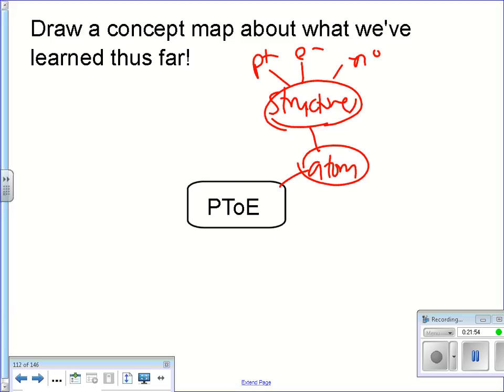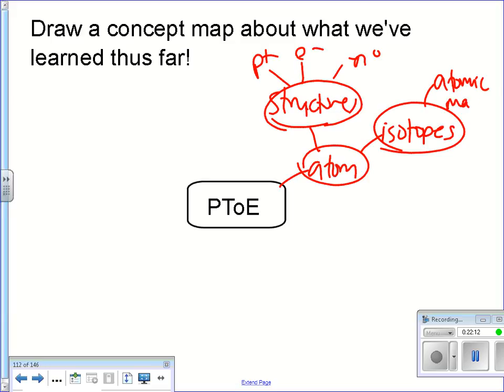The atomic mass relates more to isotopes, right? Of the atom, you can also have isotopes, and they have an atomic mass that's different based off the number of neutrons, right?